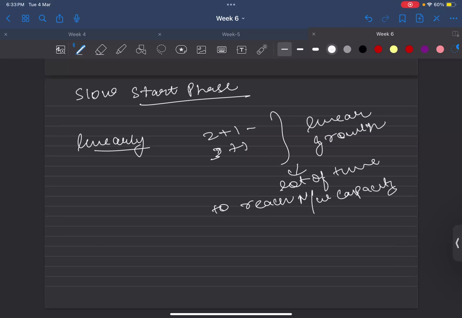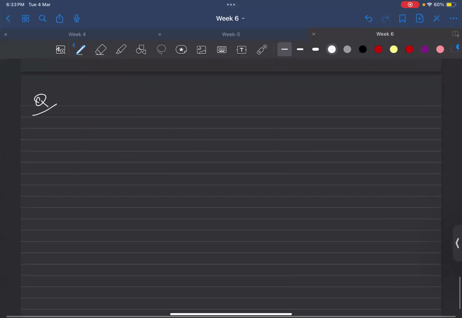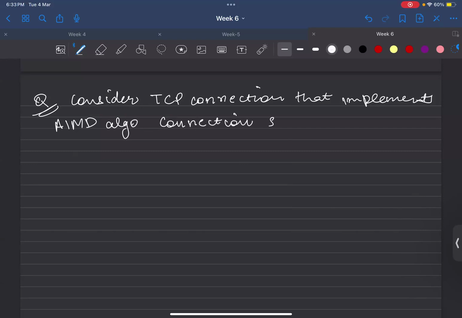Now, one more. I'll now give you the numerical. I hope you have understood the concept and can solve it easily. A similar question only. Consider a TCP connection that implements the AIMD algorithm.